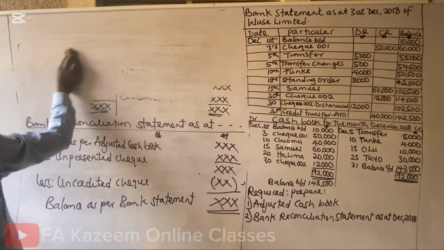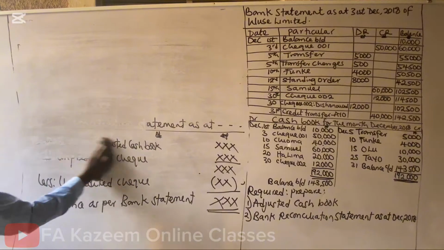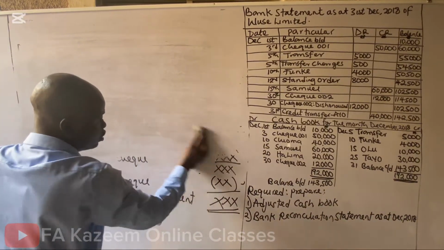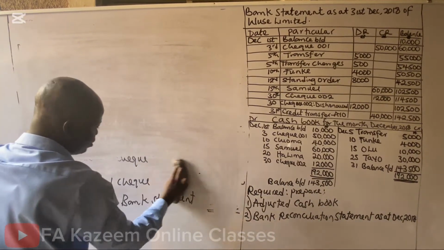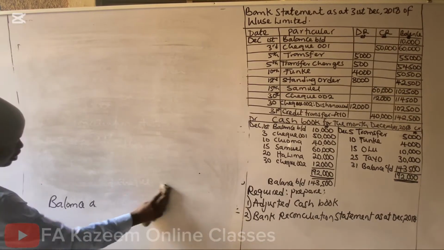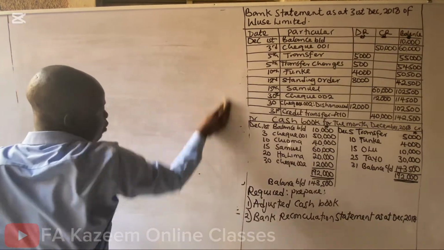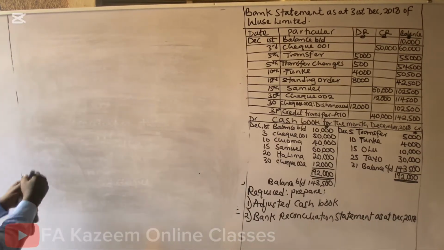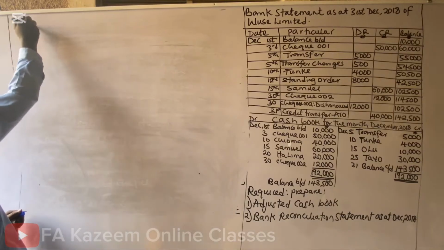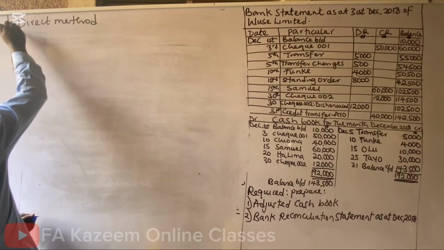But if we are to make use of the direct method, the format will be different. Under the direct method, the format is different. And we are going to look at illustration both under the direct method and the indirect method. Under the direct method, the format looks like this. We have what we call direct method.